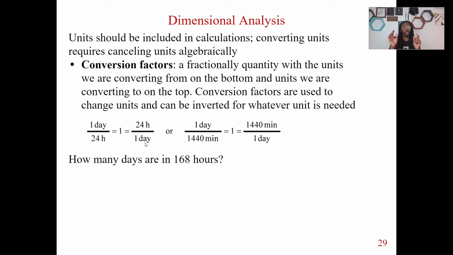It's the same thing. It's always going to be that conversion; it's never going to change. You're never going to see 25 hours in one day, or 2 days in 24 hours. That's how we define these conversion factors.